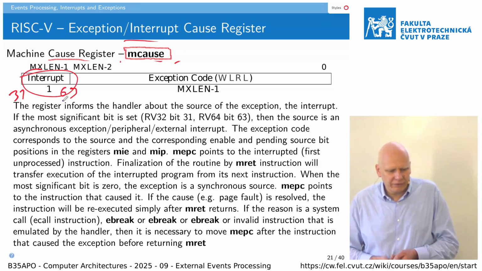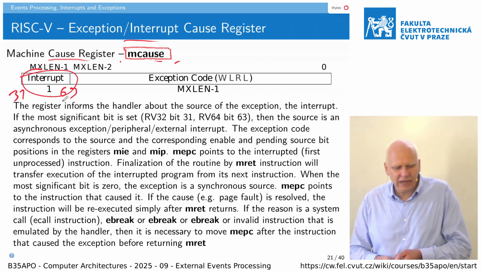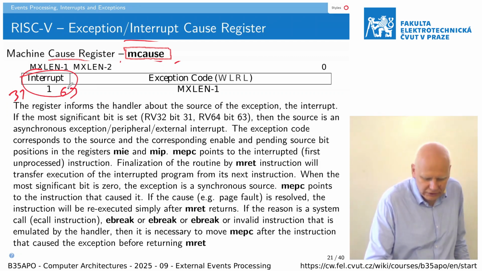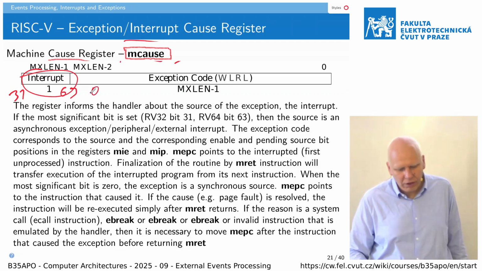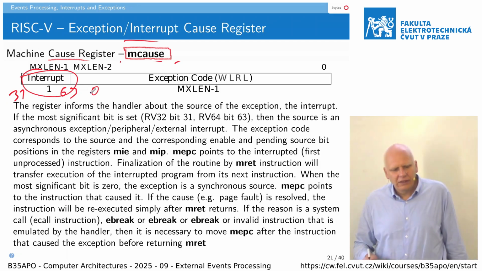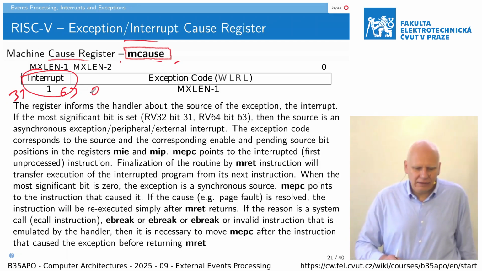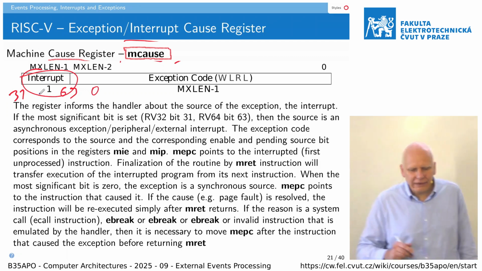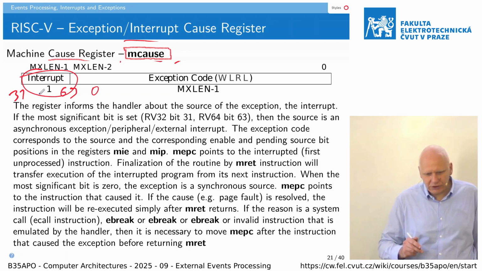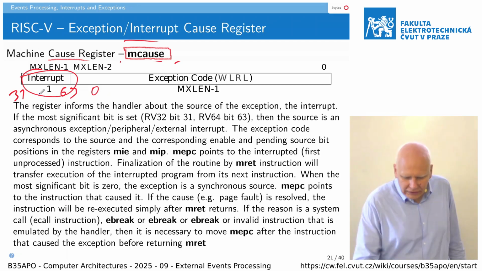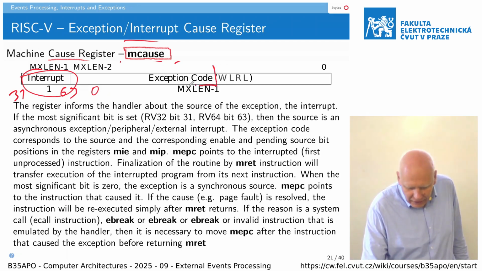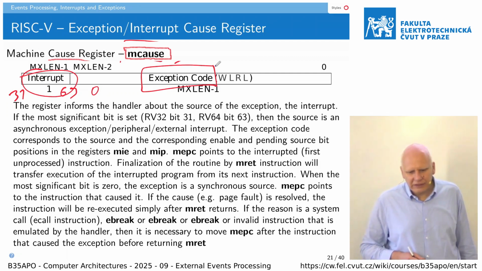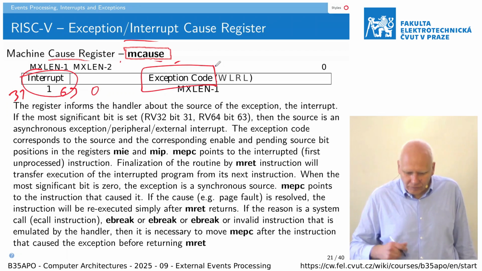It informs if it is an exception synchronous with the instruction execution. In this case, this bit is 0, or if it is an external interrupt, then this bit is 1. And if it is a synchronous exception, then there is defined which codes you find there in the lower bits, which specify the cause.